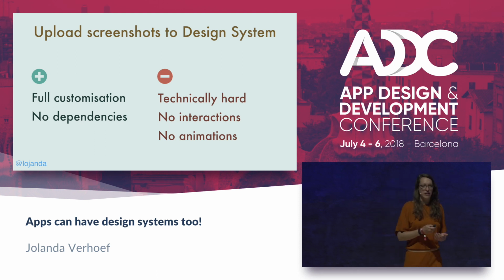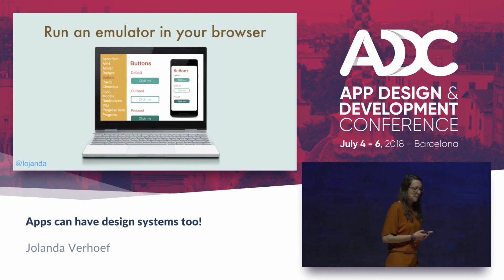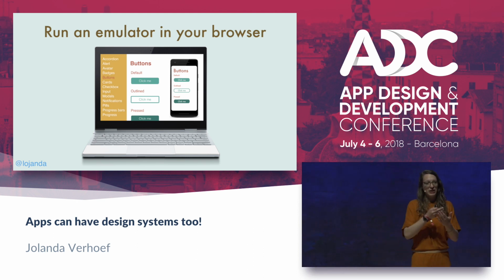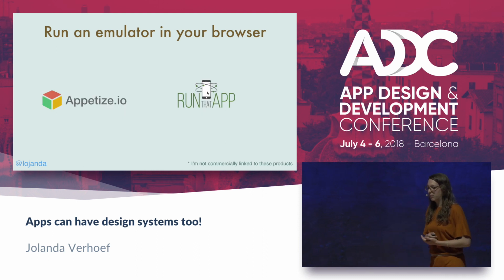So there's one way that I try to improve this a little bit, and that's by running an emulator in our browser. So next to having this toggle to toggle between Android, iOS, and web, we now actually also put a fake phone in our browser, an iPhone and an Android phone. And there are actually some companies that provide this.